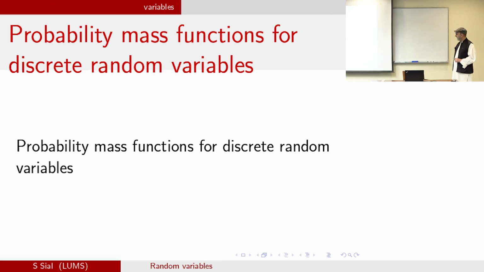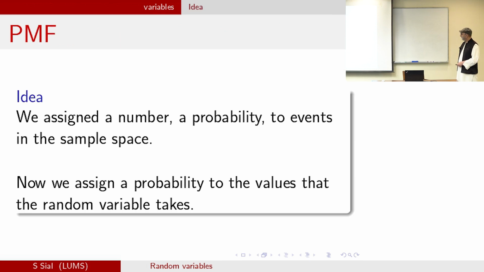So for that, we calculate what are called probability mass functions. So discrete random variables have probability mass functions, right? And we actually calculated one in the previous session. We just didn't give it that name.